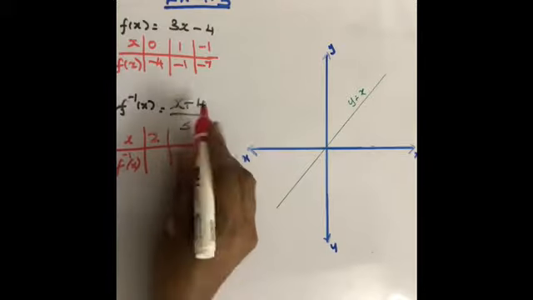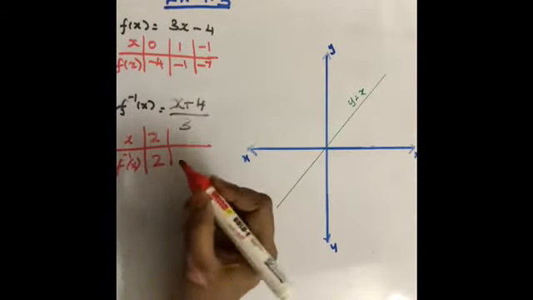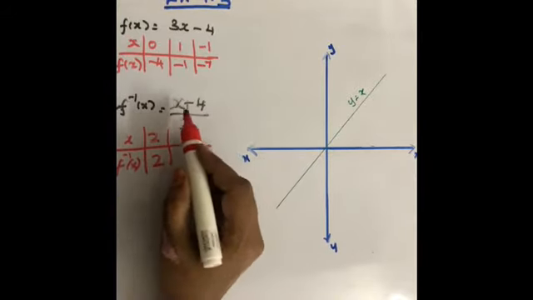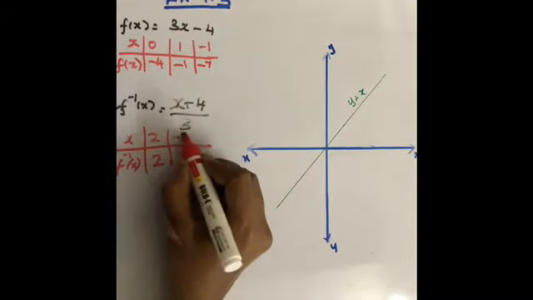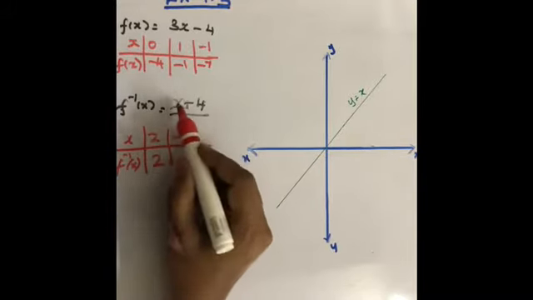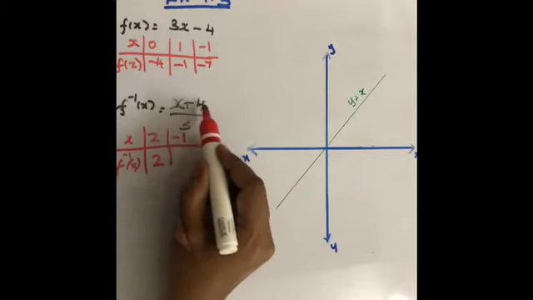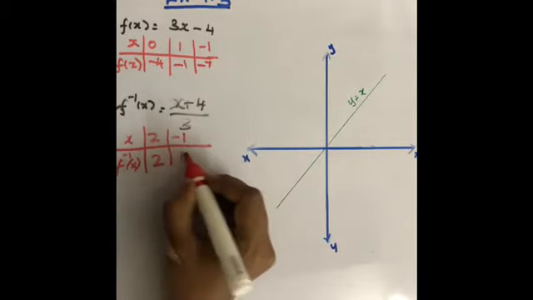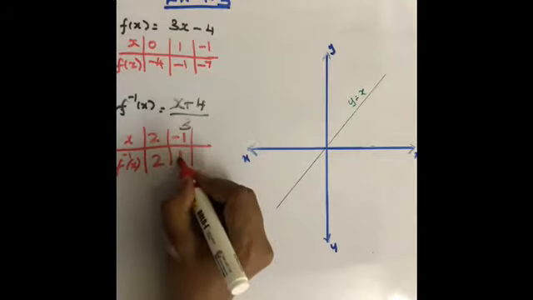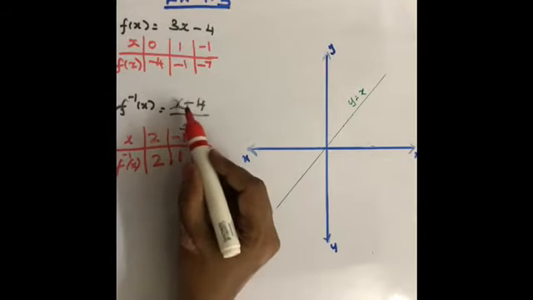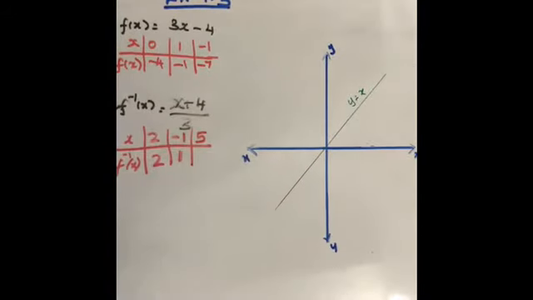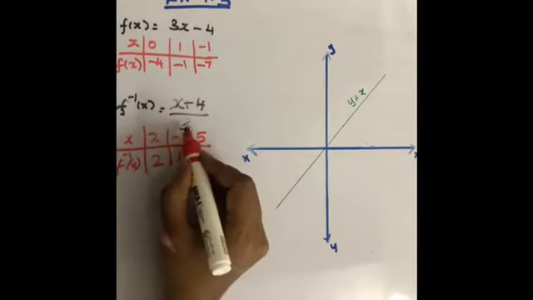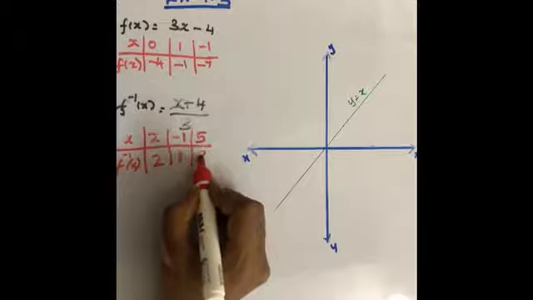So, 2 plus 4 is 6, 6 divided by 3, I get again 2. If I give minus 1 to this number x, I get minus 1 plus 4, that is 3 by 3, that is equal to 1. So, if I give 5 to this number x, I get 5 plus 4, 9 divided by 3, so it is 3.